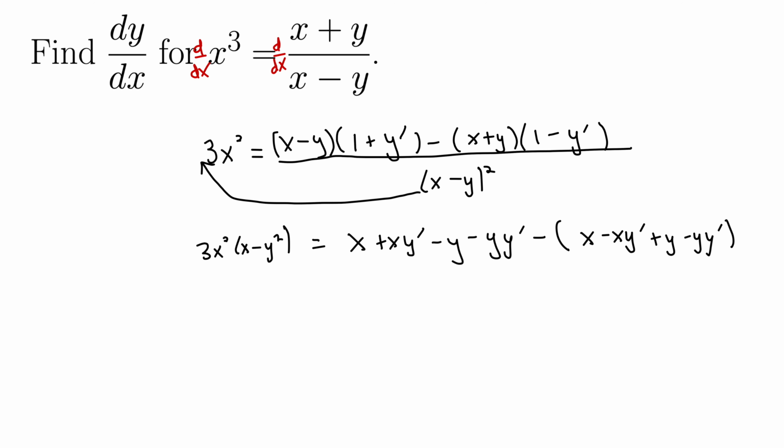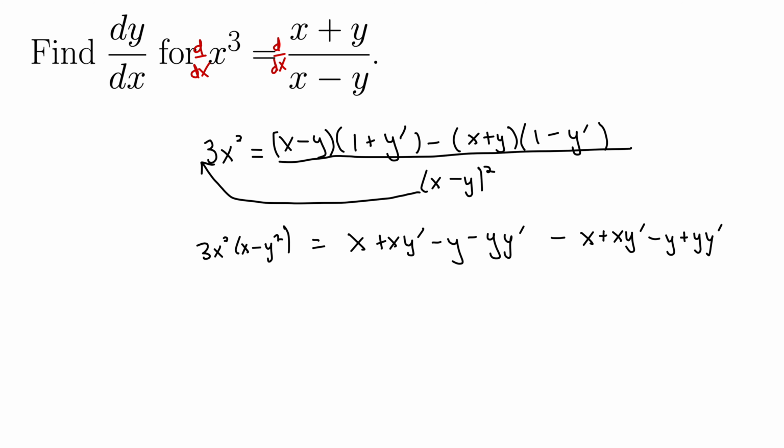Okay, this is good because we can start isolating those y prime terms here. Let's distribute this negative through to all these terms and just drop these parentheses. So this x goes negative, this xy prime goes positive, this y goes negative, and this y prime goes positive.